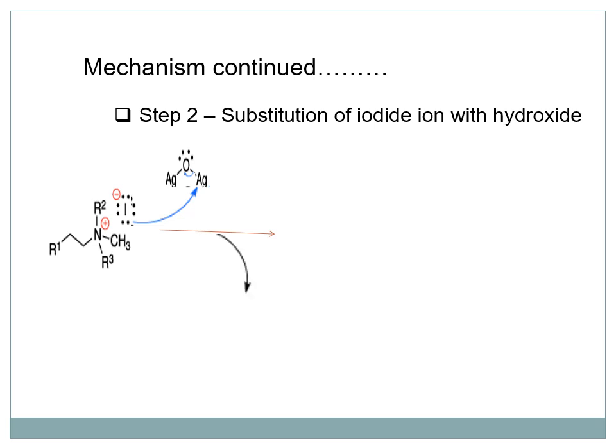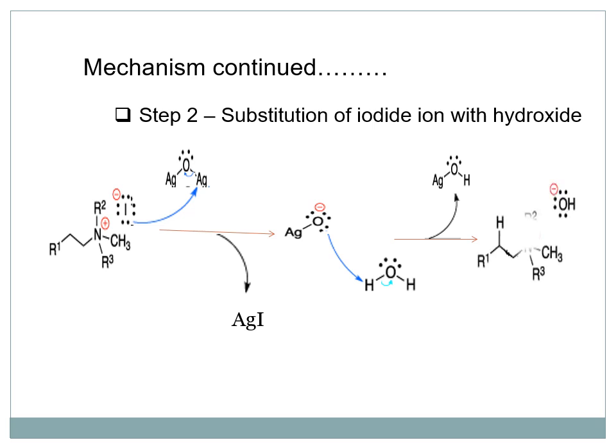After that, the silver monoxide ion attacks water to give the hydroxide ion, which leads to form quaternary ammonium hydroxide, and AgOH is liberated.